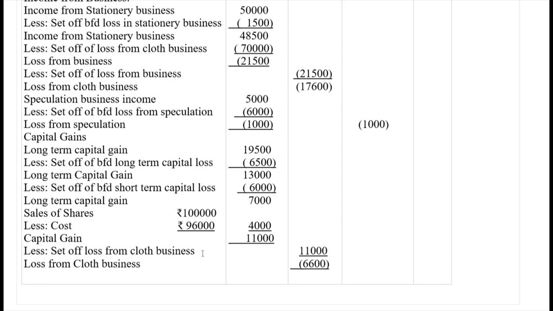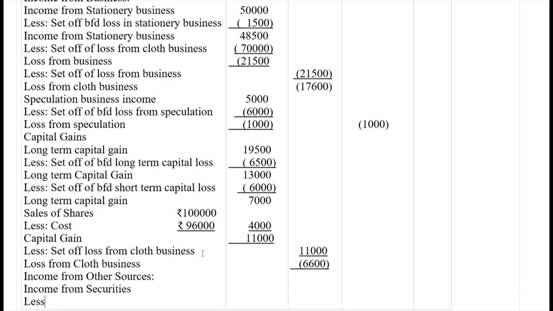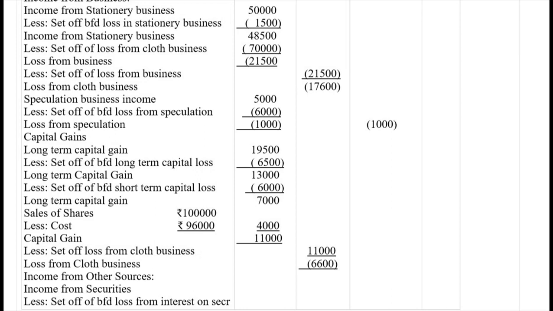Then the next one comes here, income from other sources. So we have got interest income from securities, less set off of brought forward loss from interest on securities.